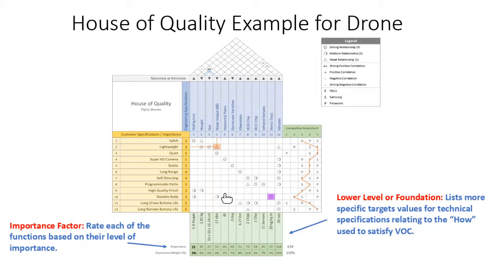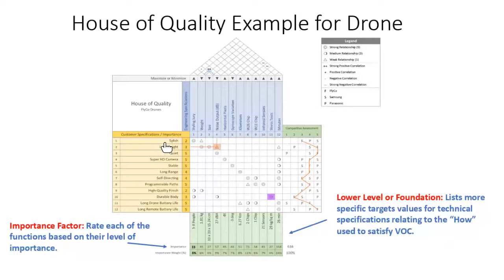You can even add your own. This is a tool that you can expand in the way that is more useful, depending on your application. We have all explained the roof now, what it does. It compares the correlation between those technical specifications and what is representing the voice of the customer, the customer requirements.